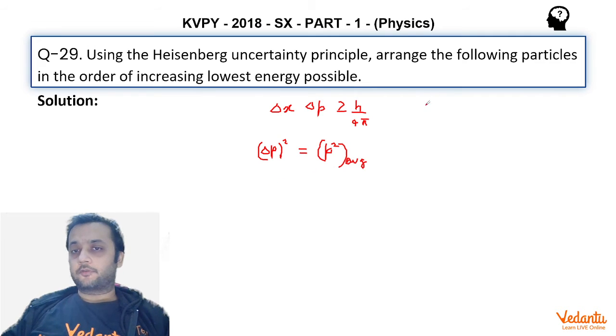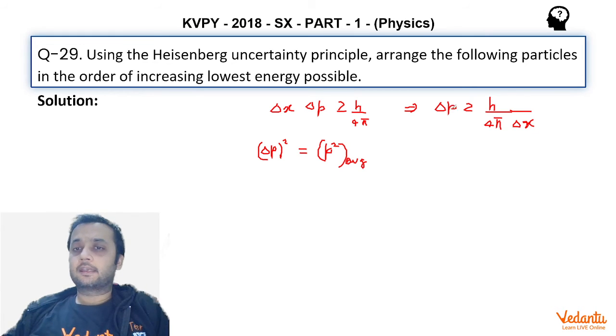Now, from here, we can say that delta p will be greater than or equal to h upon 4 pi into delta x. This simply means that if delta x is more, then delta p will be less. And if delta x is less, then delta p will be more. If delta p is more, then p squared will be more because of this relation.